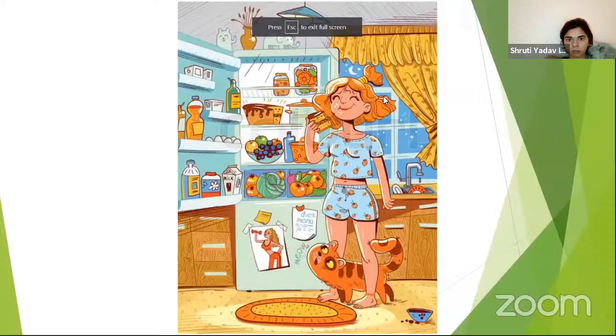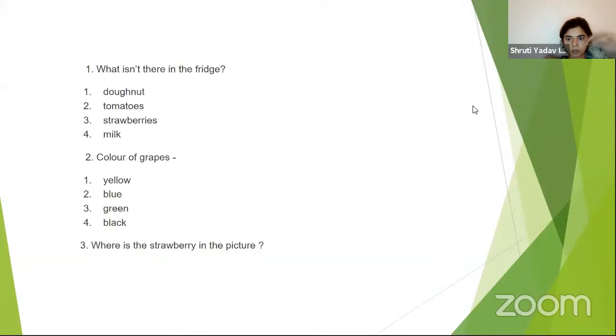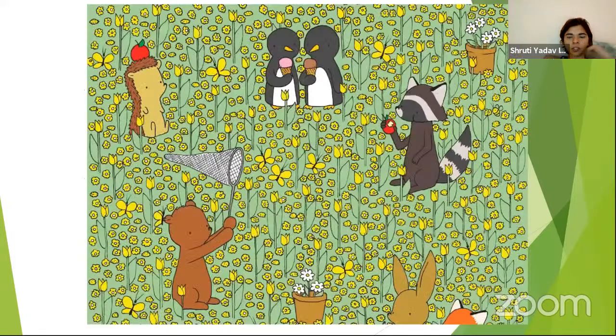Alright. Now I can go to the next one. So this is the next picture. I've referred to the raccoon as the ring-tailed animal in the questions. This is a hedgehog. These are penguins. This is a bear. That's a kangaroo.